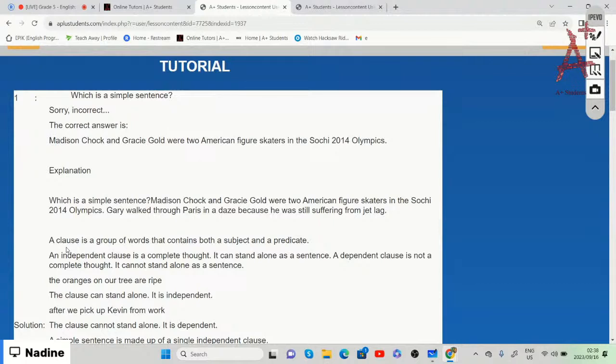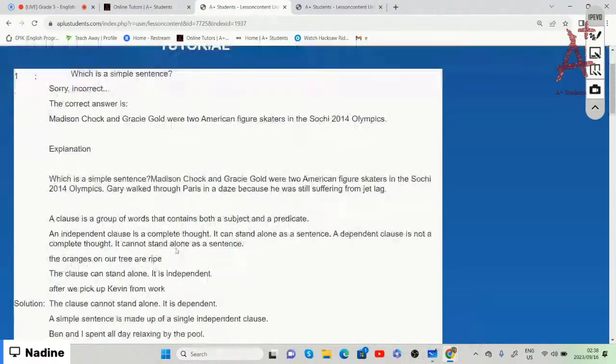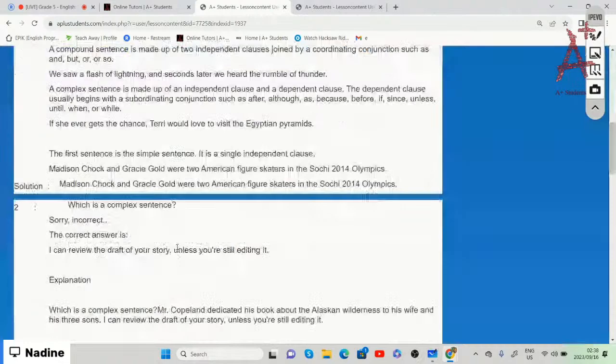We need to choose the simple sentence, and we will choose Madison Cox and Gracie Gold.